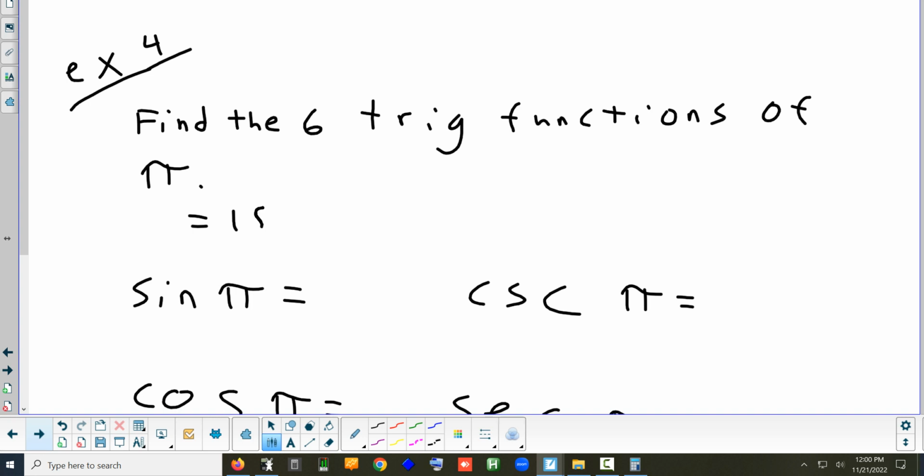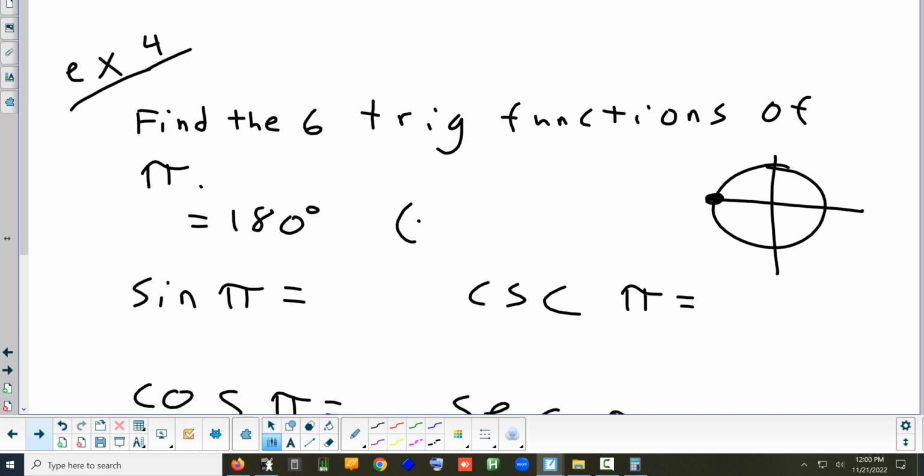Just divide by pi and multiply, because 2 pi is 360, so that's half. And what's the coordinate for 180? Okay, imagine your circle. 180 is halfway around. So (-1, 0). And then you plug them all in.